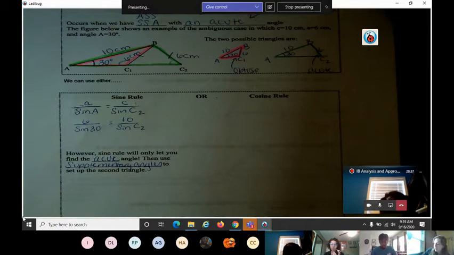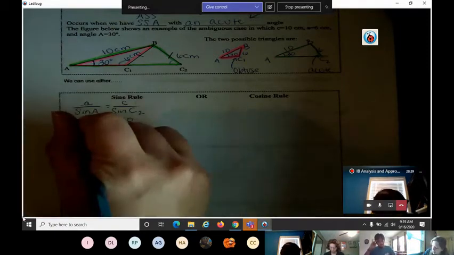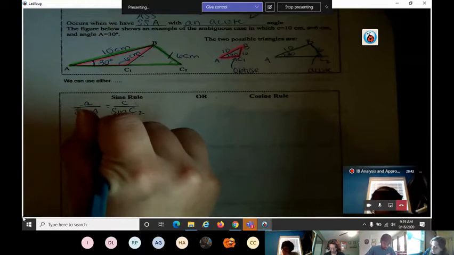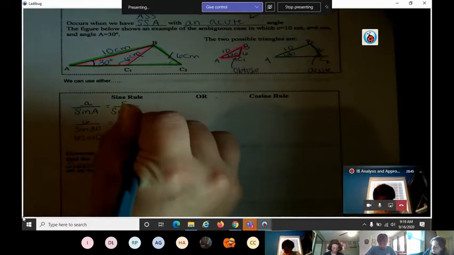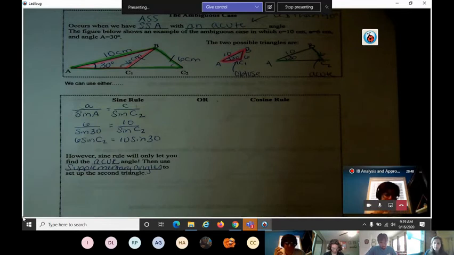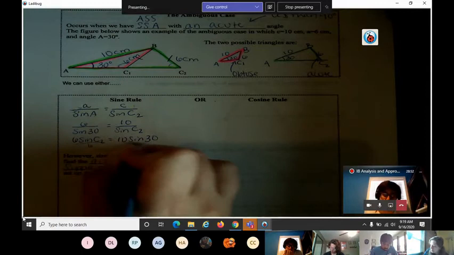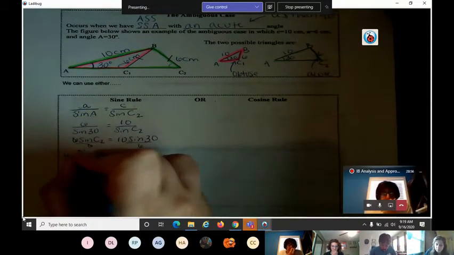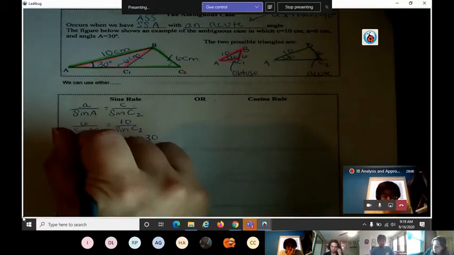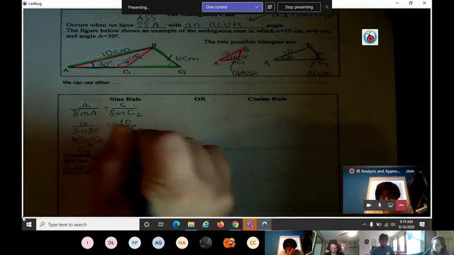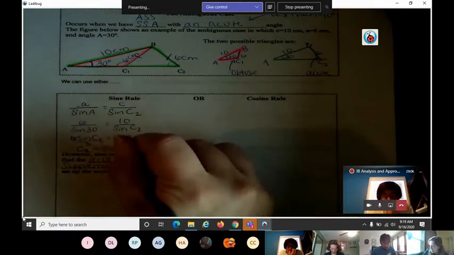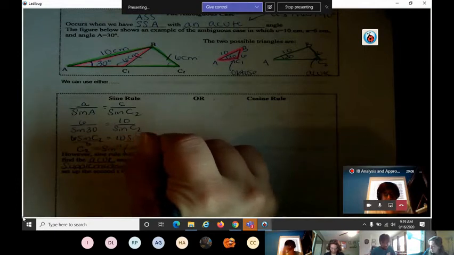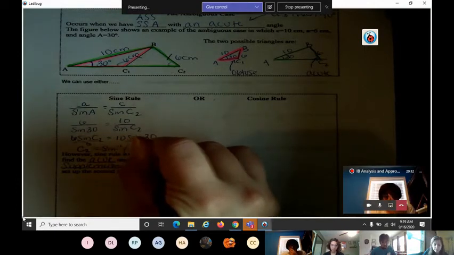So I could cross multiply and I would get 6 sine of C2 equals 10 sine of 30. Divide by 6 on both sides. I'm going to skip a step so I fit it all, so C2 is equal to the sine inverse of 10 sine 30 over 6.